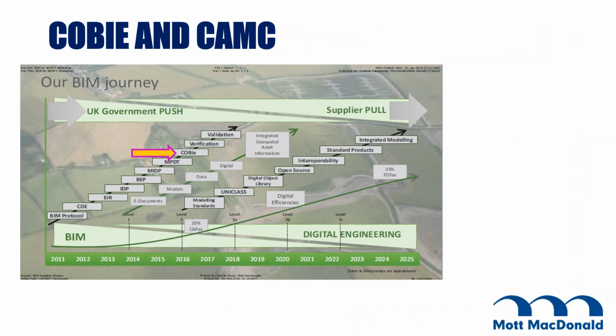So what about COBie? Because that's obviously my topic of conversation today. We're really keen to see how we can get COBie information into our infrastructure design models. So you can see here on the Environment Agency's own map where COBie sits. The Environment Agency, obviously, is a huge owner of assets, and principally infrastructure assets as well.